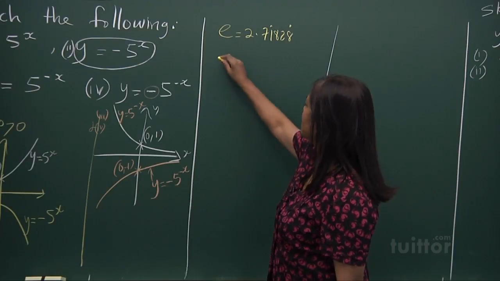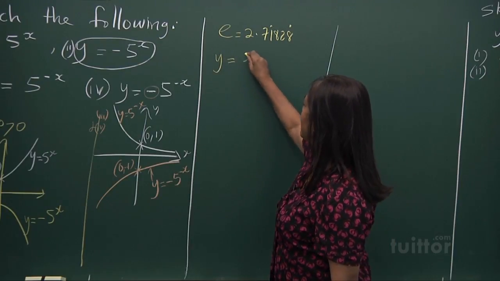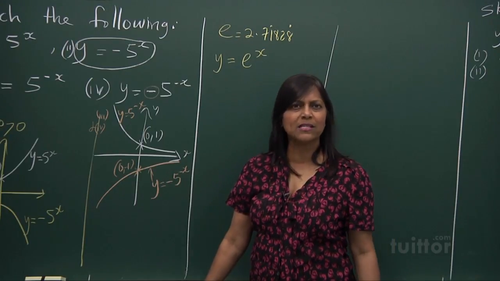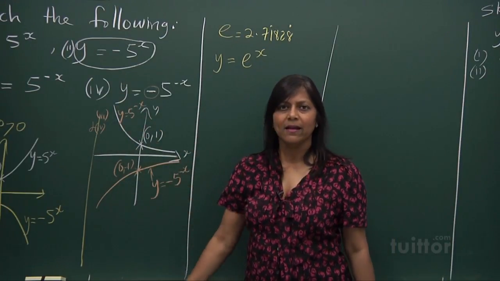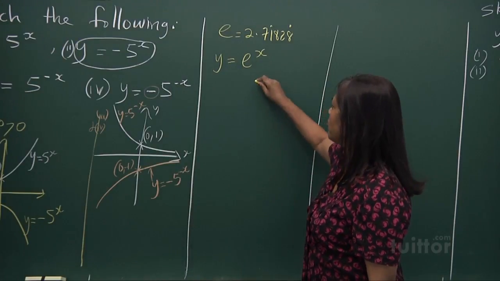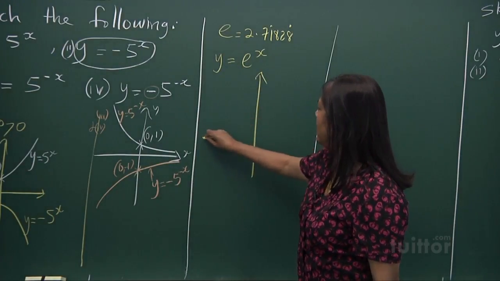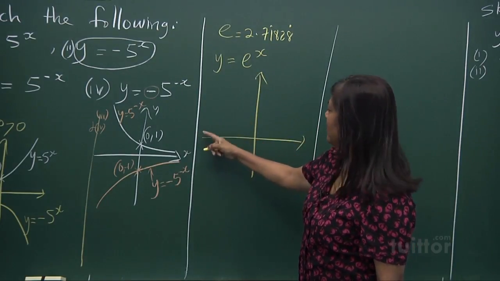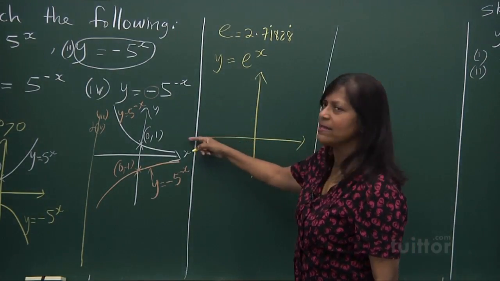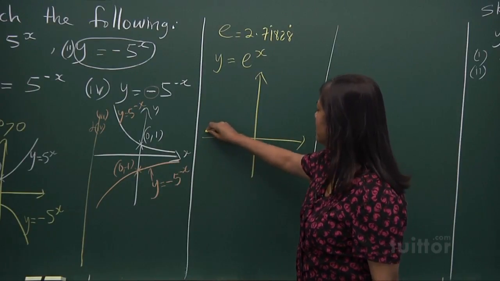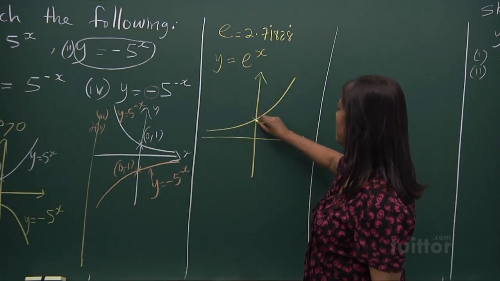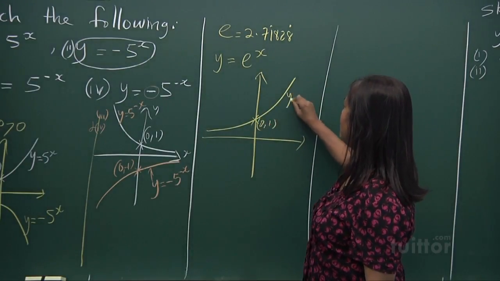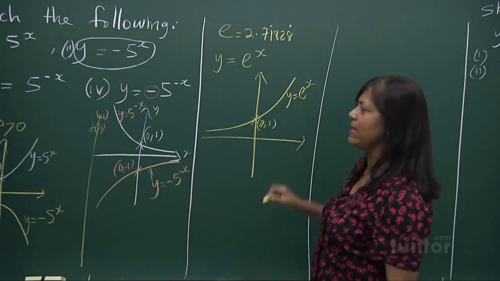And we have an exponential function like y equals e to the power of x. e is a positive number, just a number like that. So when you draw your graph y equals e to the power of x, all the negative values of x, as it gets more and more negative, it gets smaller and smaller and approaches 0. So it becomes this shape. When x is 0, y is 1. This is y equals e to the power of x.